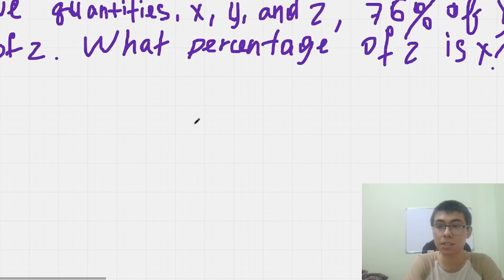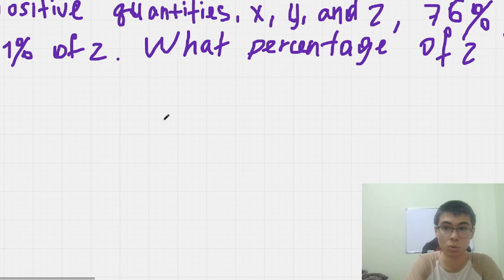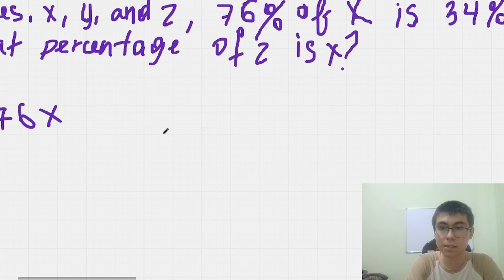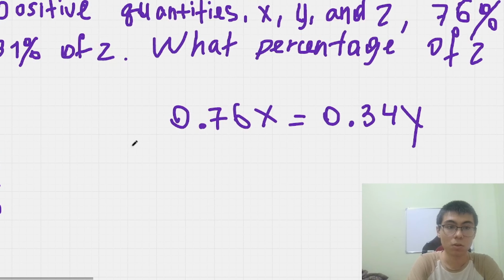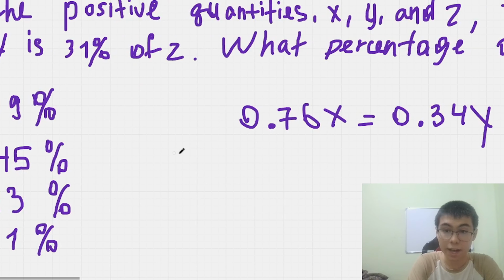So 76% of x would be 0.76x, and this is 0.34 multiplied by y.